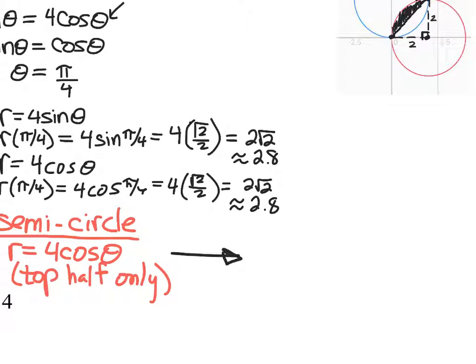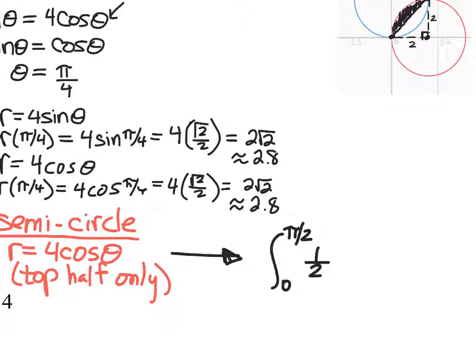What we're going to do is find the area over the interval of 0 to pi over 2, because if we're getting the full circle in pi radians, then we're going to get the top half in pi over 2 radians.